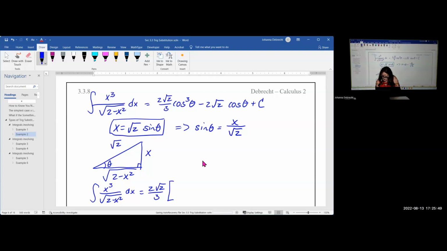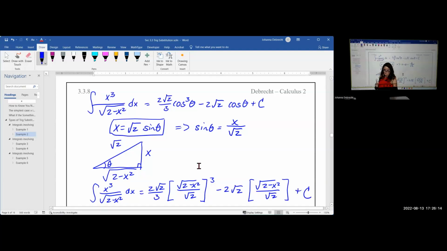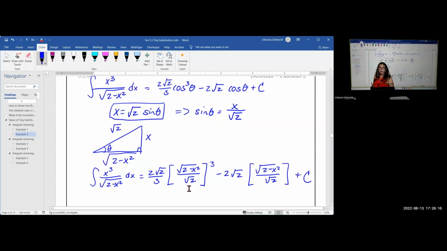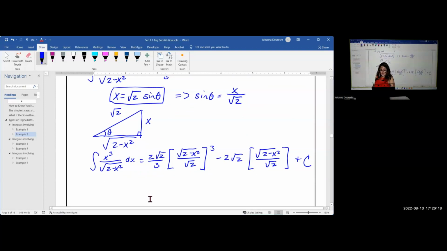What cosine of theta is, radical 2 minus x squared, all divided by radical 2, cube that, and then minus 2 radical 2, and write cosine of theta again, which is radical 2 minus x squared divided by radical 2, and then plus c. Now I have returned the original answer into something related to x.